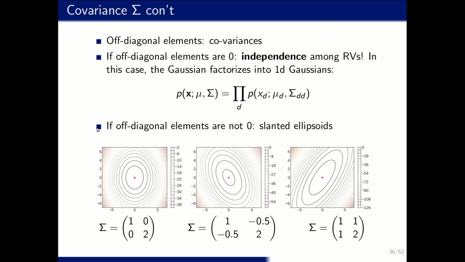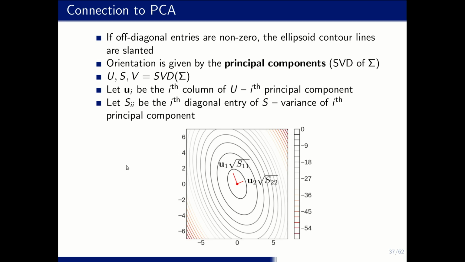We have the mean vector, which essentially moves around the center of these circles or ellipsoids, and the covariance essentially determines the shape. So if all the off-diagonals are 0, the shape is axis aligned, otherwise the shape is slanted. So can we say something about how we can actually find the shape?